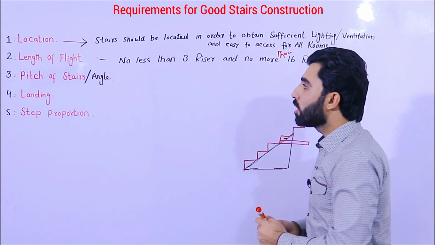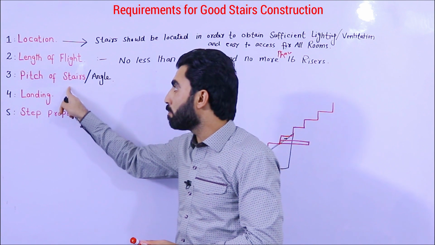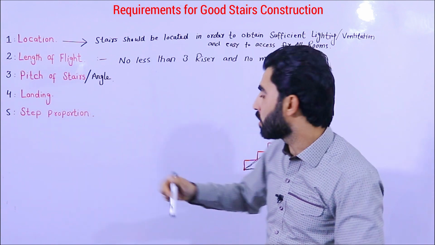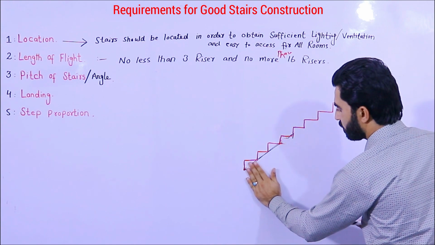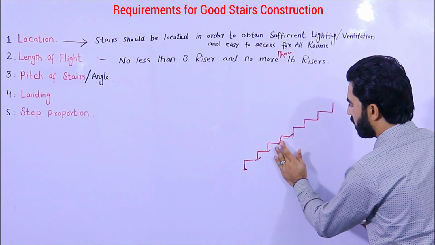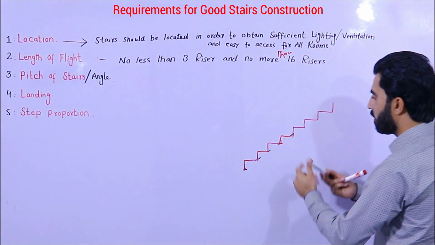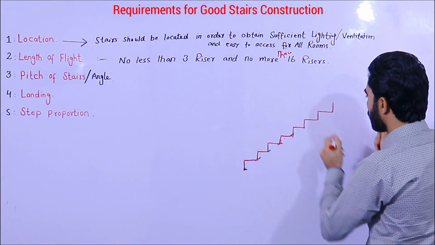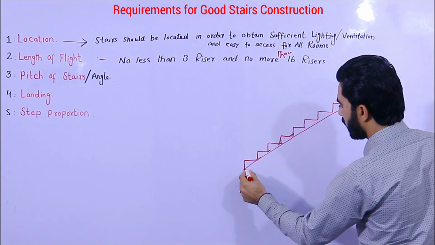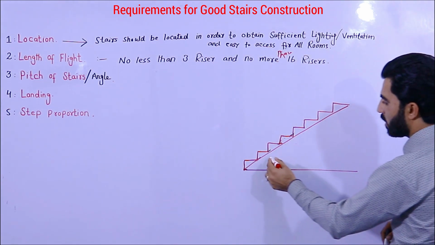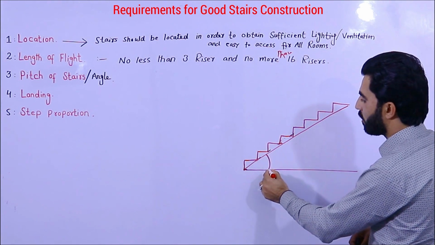The third one, guys, very important, is pitch of stairs or angle of stairs. You can see here, this is a staircase for which I made a graph already. This is called the pitch of stair, or angle of stair.